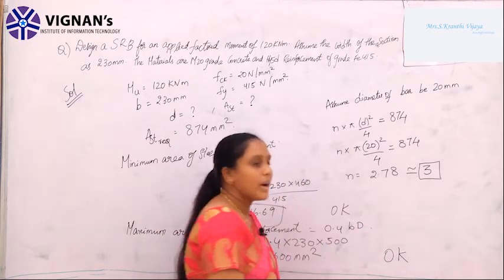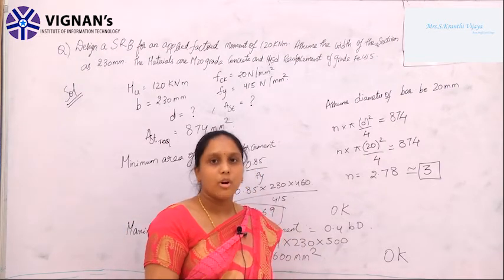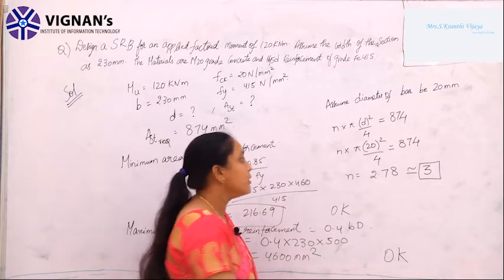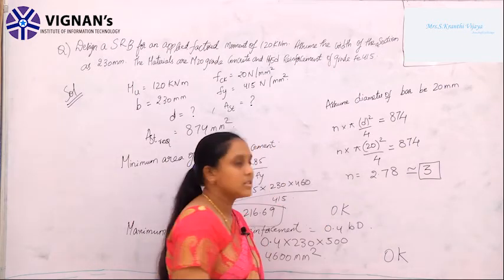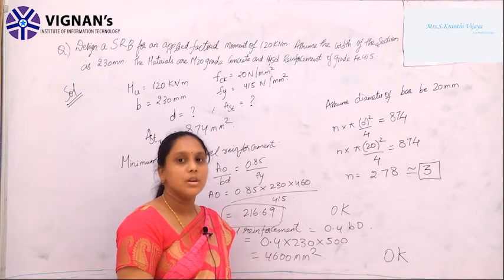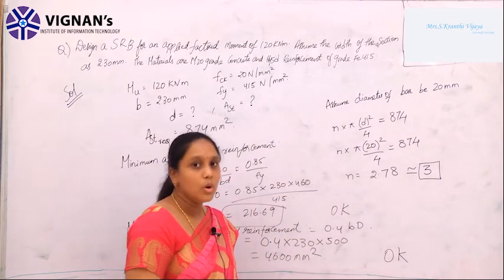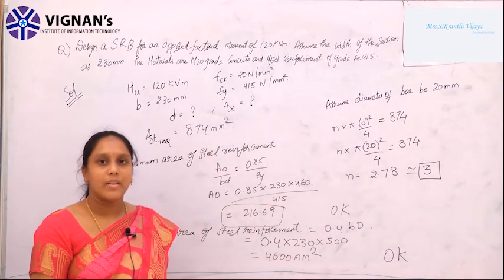If you have provided 3 bars, what will happen? You have increased the area of steel which has to be provided. So by keeping the number of bars as 3, you can also find out the area of steel which is provided. So in this way, you have to design the singly reinforced beam.